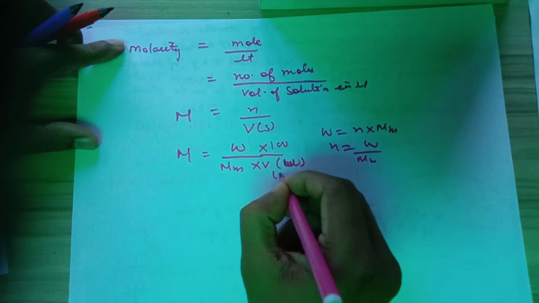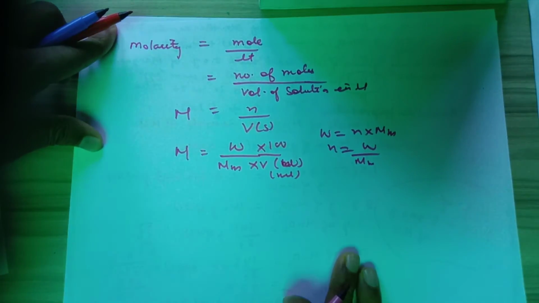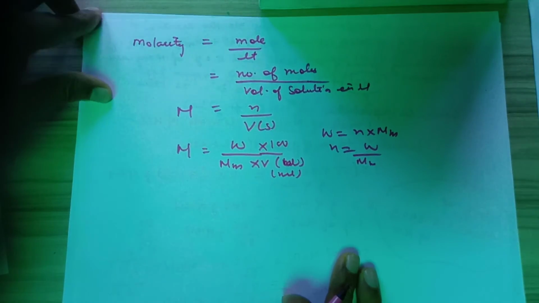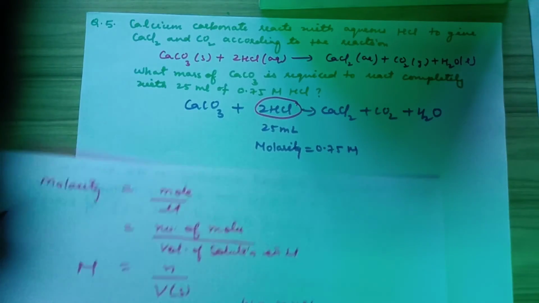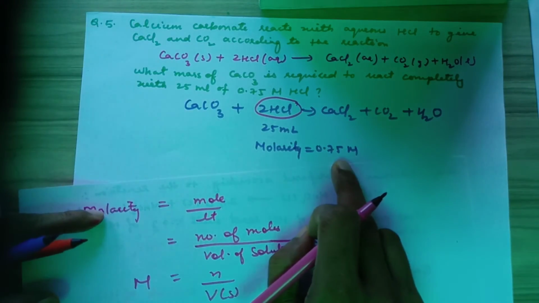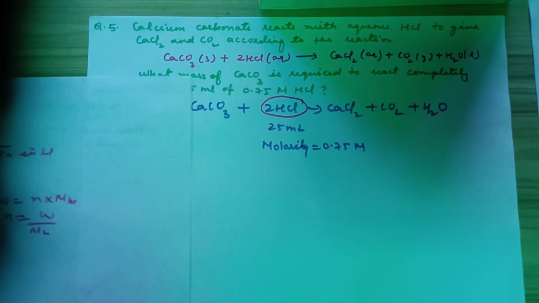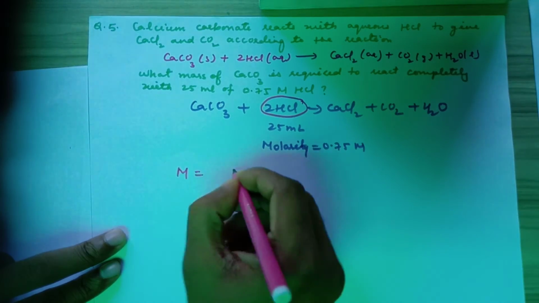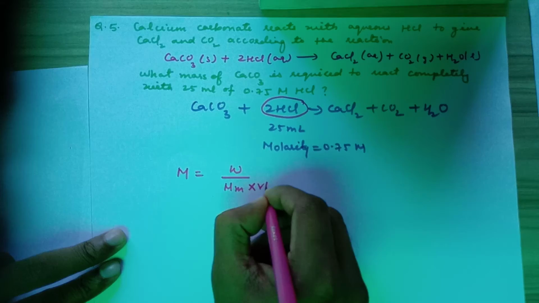So here volume is in ml. In the given question, molarity is 0.75 M. So let's learn the formula of molarity: M is equal to W by mm into 1000 upon volume in ml.